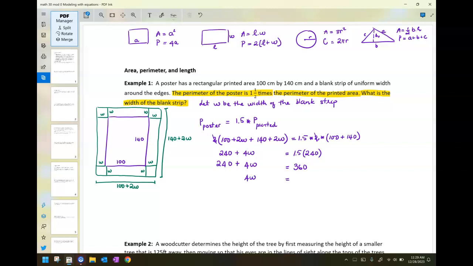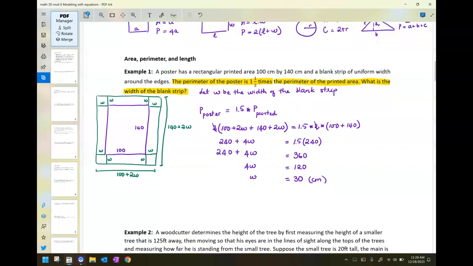Subtract 242 from both sides. So the width here equals 30 centimeters.